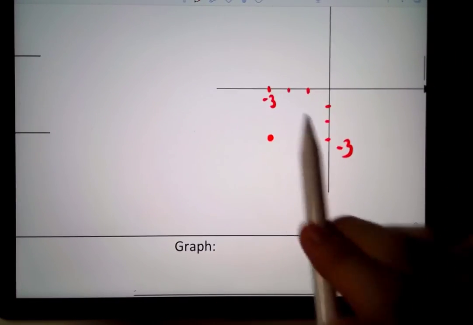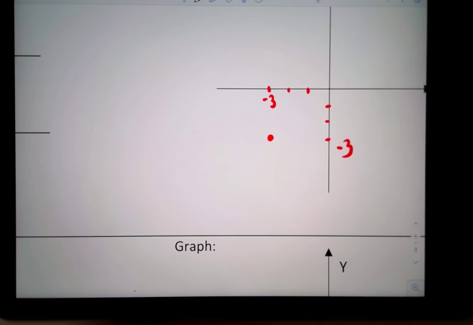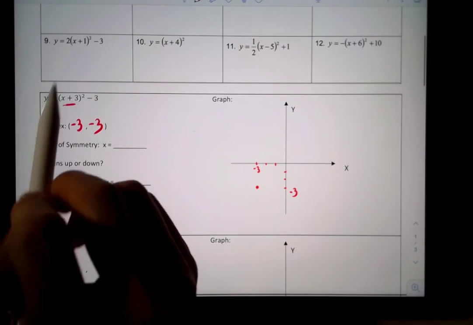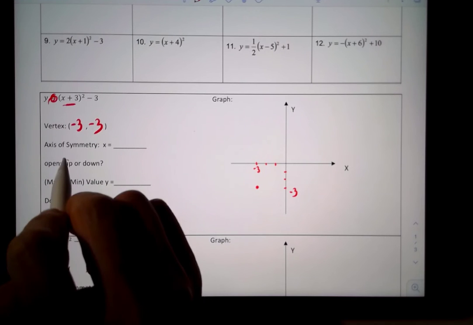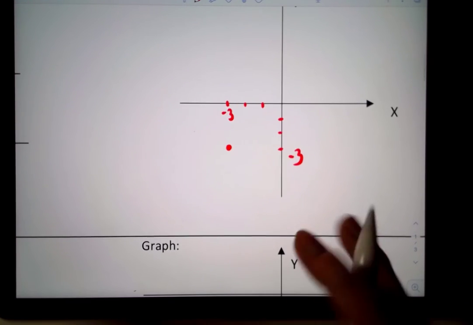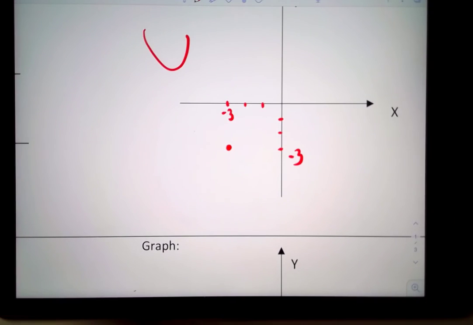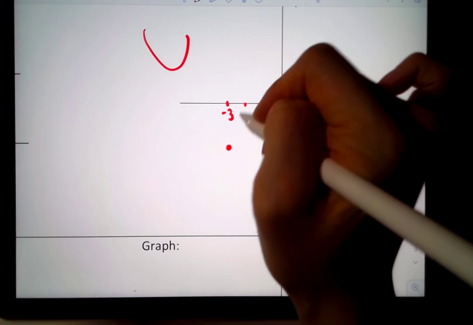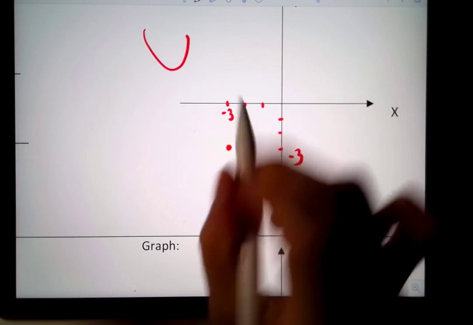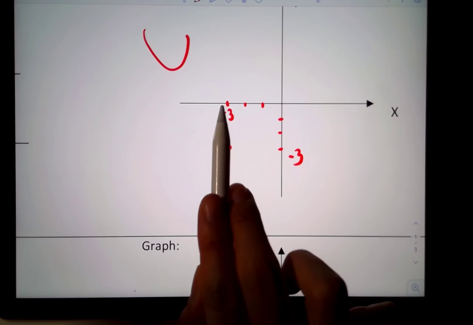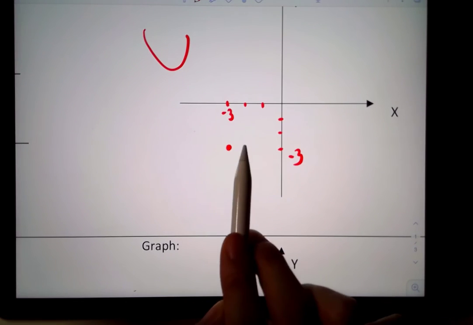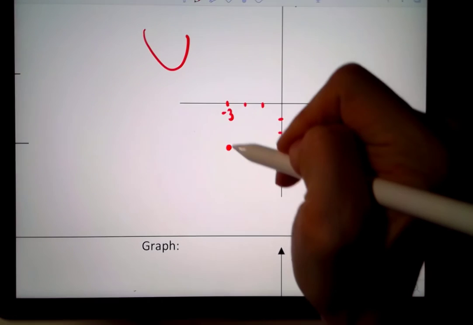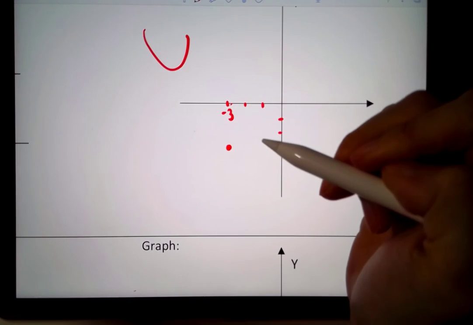So anyway, you got -3 here, right? Then my next point, you know that's positive here, so that opens up. So we already know the graph looks like this, right? So I'm gonna find the points on the right side and left side of the vertex, all right? Then we will move 1 point to the right, right?